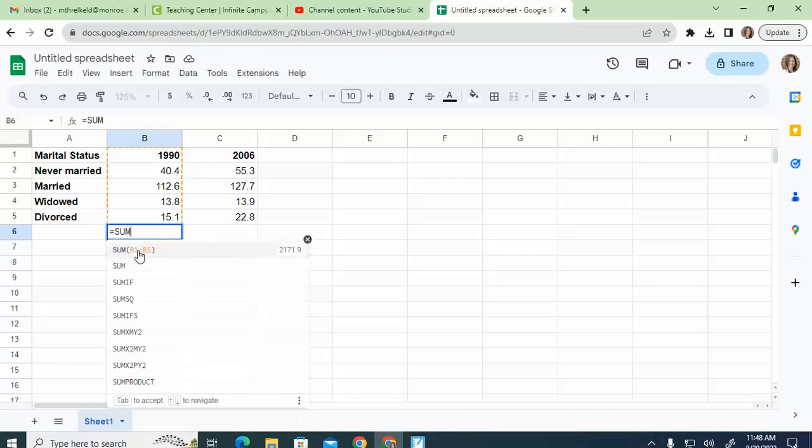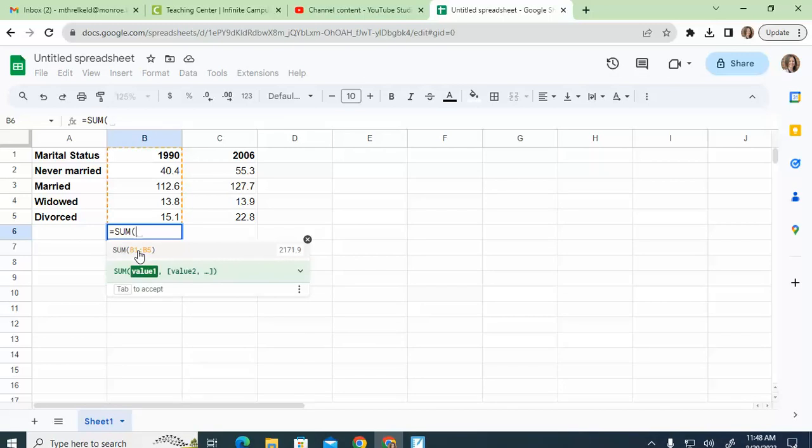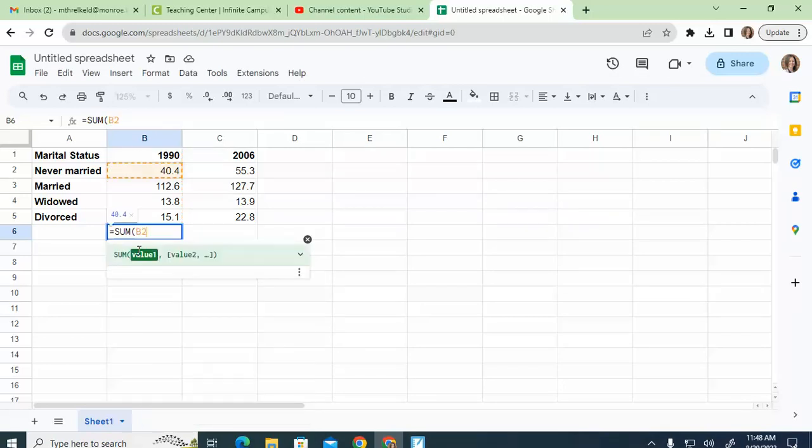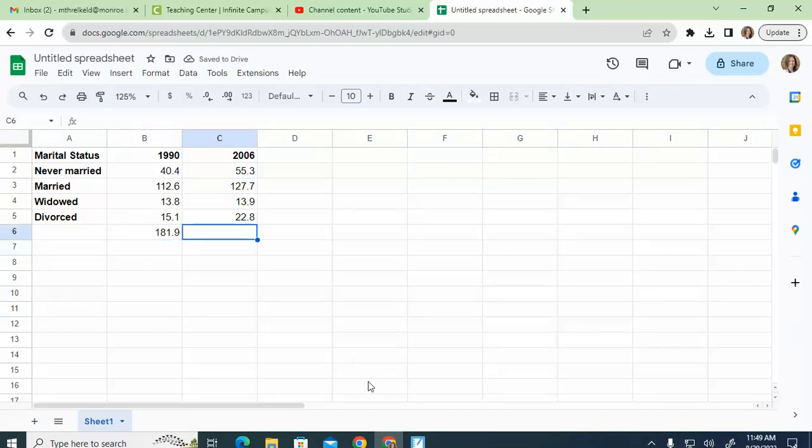It's saying sum. I want to do the sum, but I need to start at B2 and go to B5. So I just add up those four numbers. So it gives me that total.